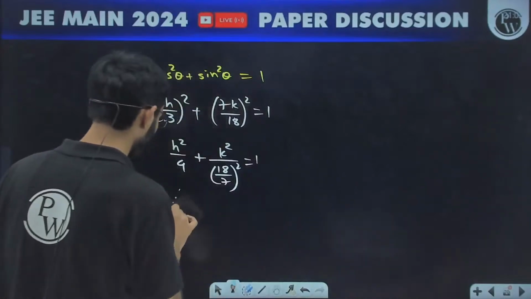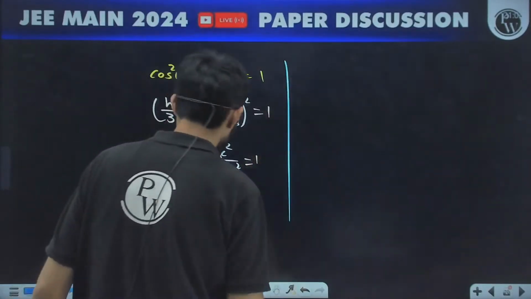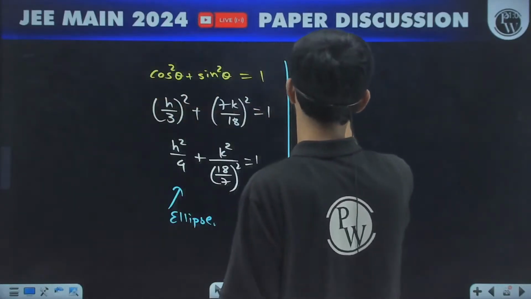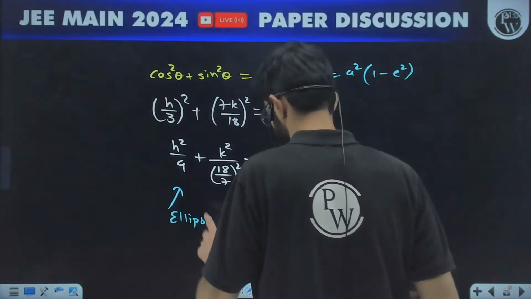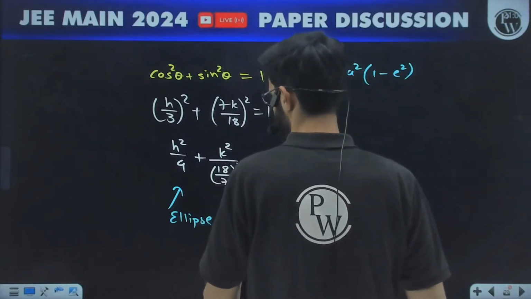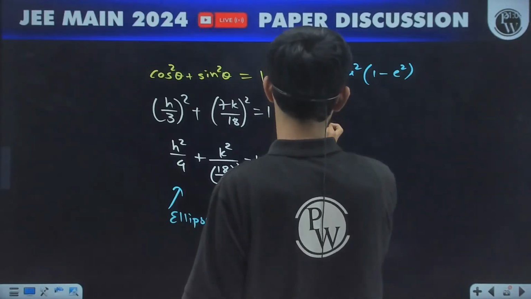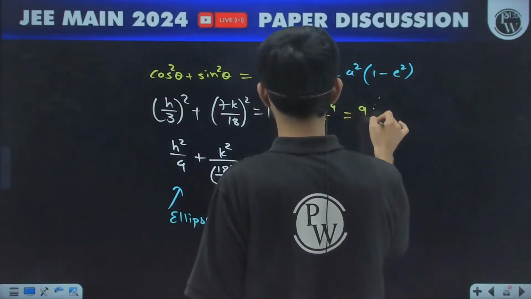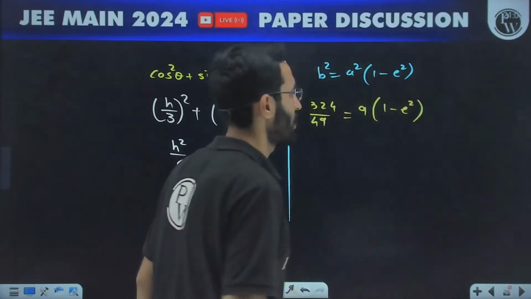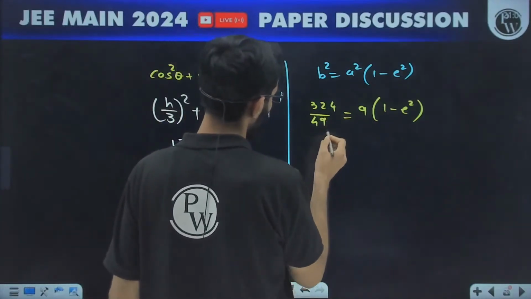Now we need to find its eccentricity, right? This is the locus of R. For its eccentricity, b square equals a square into (1 minus e square), since a is greater than b. So if I put all these values, b square is 18 square by 7 square, that is 324 by 49, equal to a square, that is 9, into (1 minus e square). Check please, yes or no? And take this 9 over here.